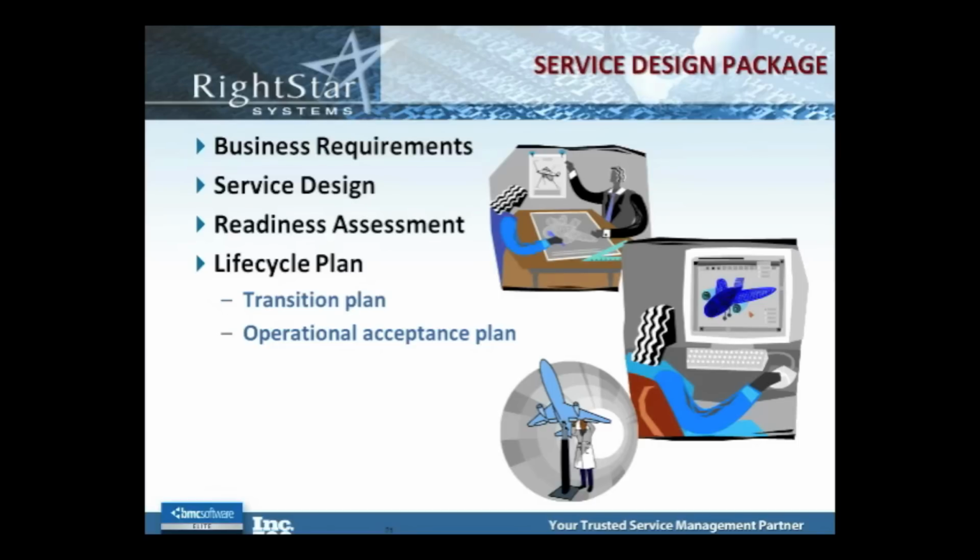The lifecycle plan should include things like the transition plan. In service transition, if you were present at one of the previous webinars, you'll remember that includes release management and specifically testing and training. And then overall operational acceptance. We talk a lot in IT about going through user acceptance testing, so we should have a plan for that coming out of the service design phase.